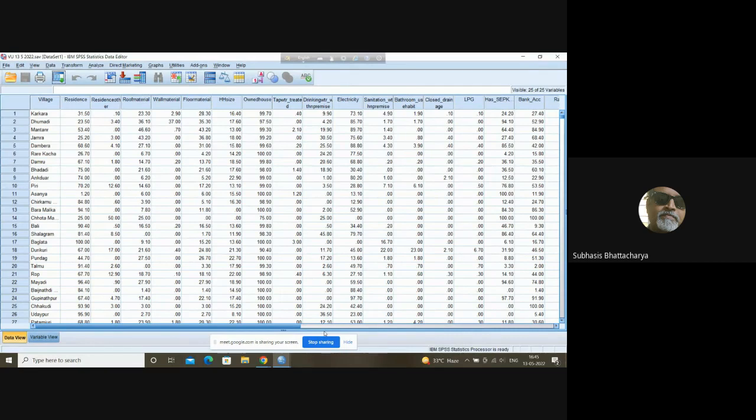And if you open the DCHB data set, you get this. Within the premises, drinking water availability, electricity, number of households having latrine facility within premises, have a pakka bathroom, closed drainage, LPG and PNG, a separate kitchen, number of households. If I go to the variable view, it will be clear to you.